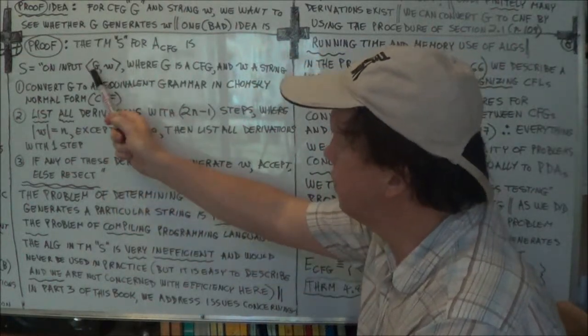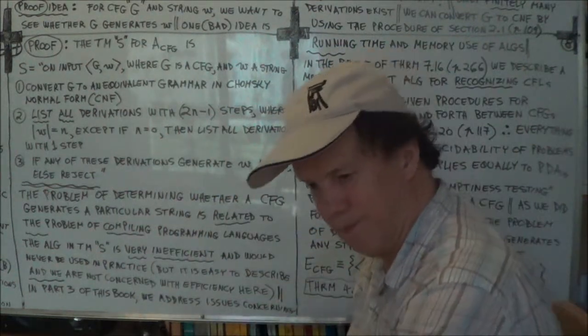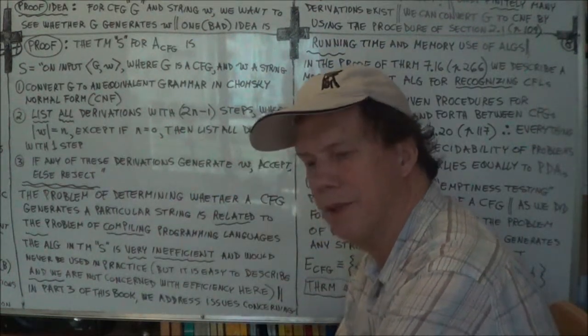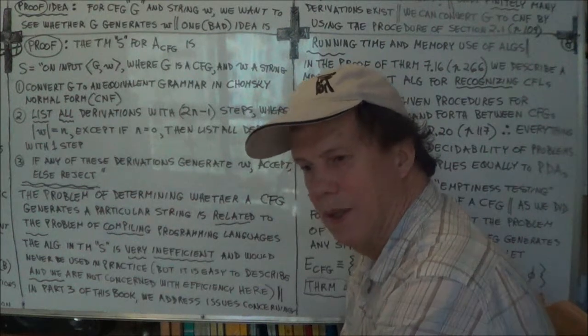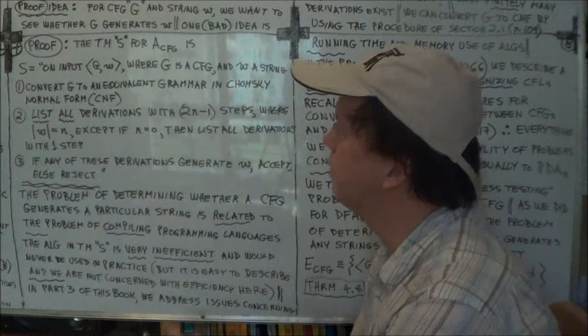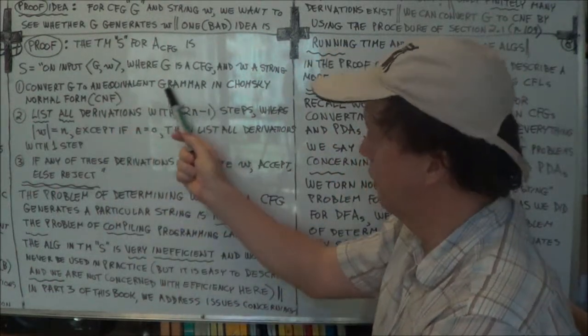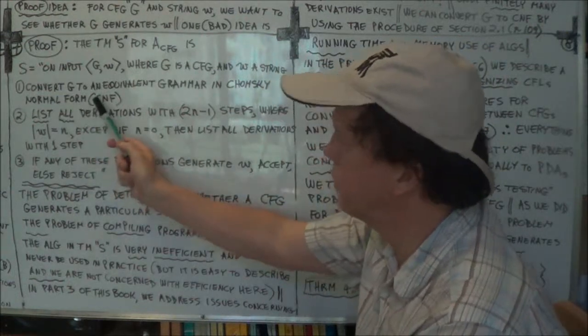Then you take the information, you know what this grammar is, now convert it. It's easily said, but your Turing machine would have to do that. It would take this grammar and convert it into an equivalent grammar in Chomsky normal form, CNF.